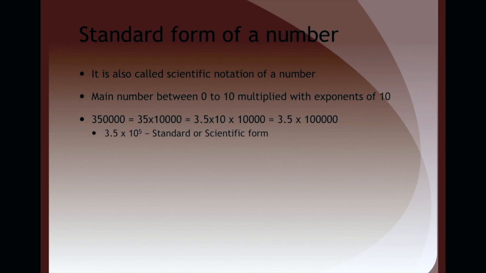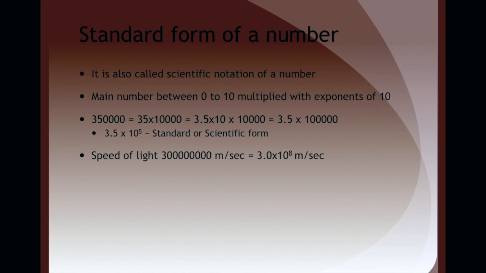So that's how scientists have decided that this should be the standard way of writing any number. Any large number or any small number should be written in this form only. The main number should be between 0 and 10, and the remaining should be in the form of 10 raised to power, or exponents of 10. Why was it required?